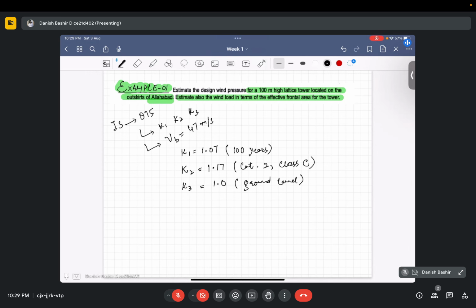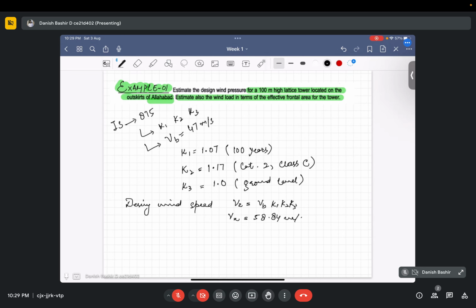Okay, so our design wind speed VZ is given as V basic times K1, K2 and K3. Plugging in all the values, we get the design wind speed as 58.84 meter per second.